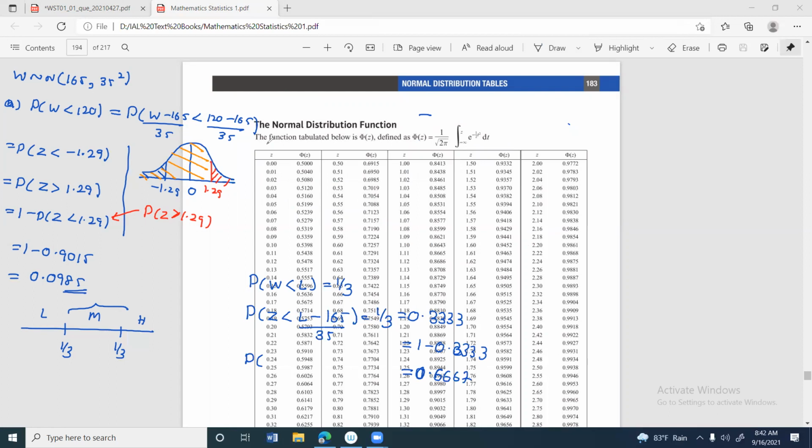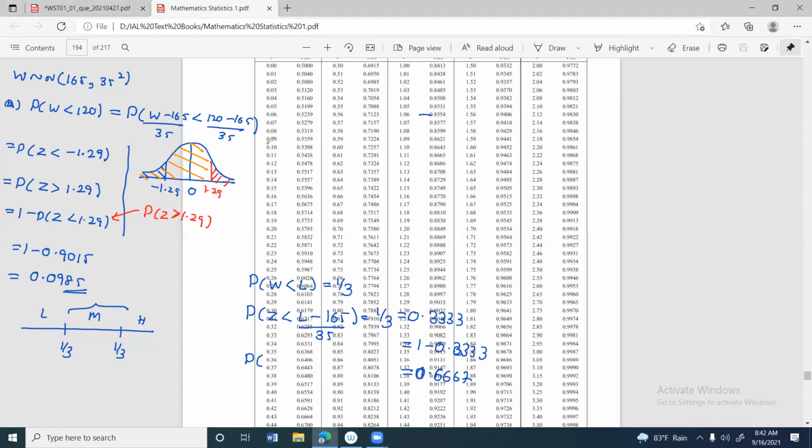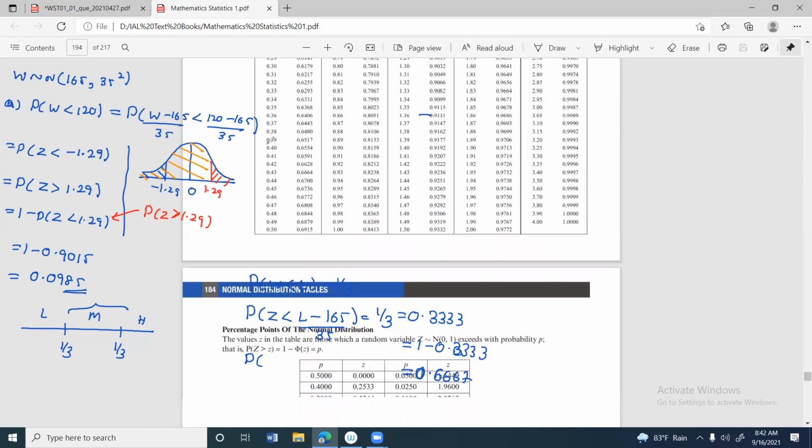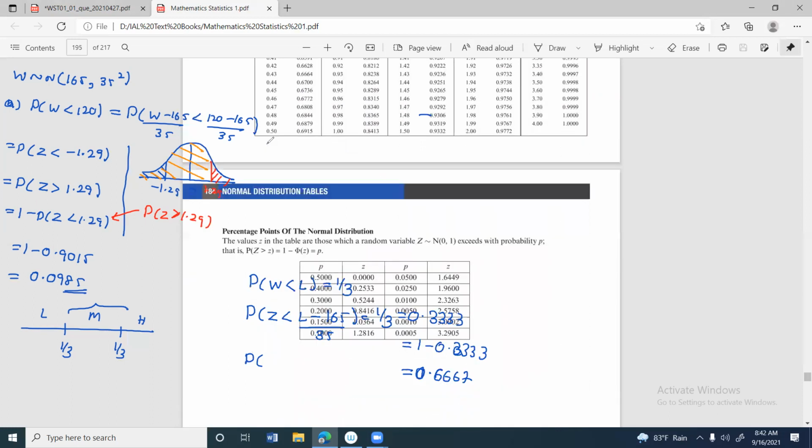Now read this probability from the table, 0.6667. 0.6664 is there, that is 0.43. We check the other table too, but that is also not there because the one-third probability is not there.